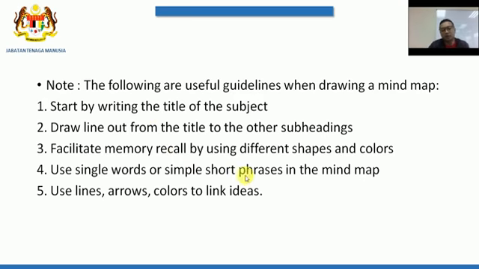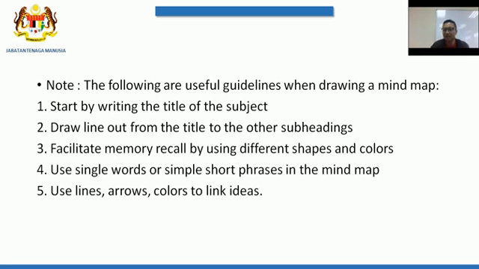So use single words or simple short phrases in the mind map. This is where abbreviation comes in handy, because whenever you use a mind map, whenever you use a graphic organizer, when you want to use it for revision, or when you want to make simpler notes, then use a graphic organizer. At the same time, use abbreviations to make the words or phrases much simpler or fewer.